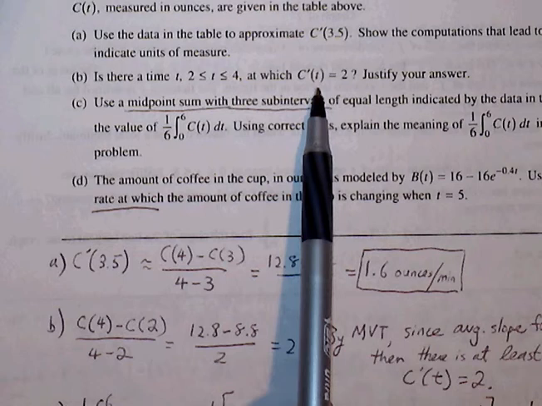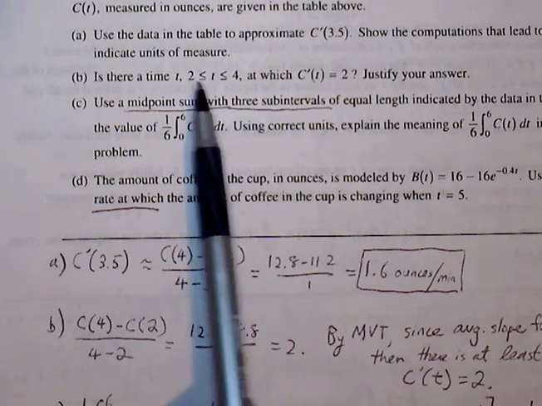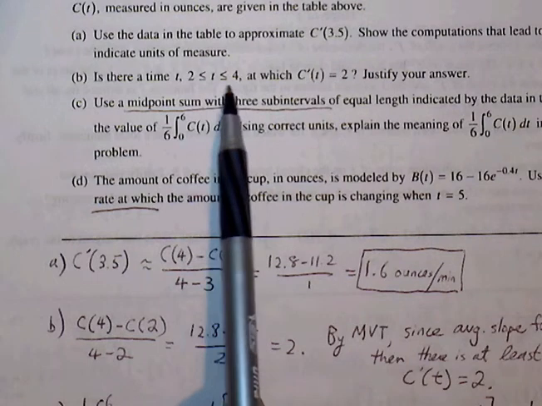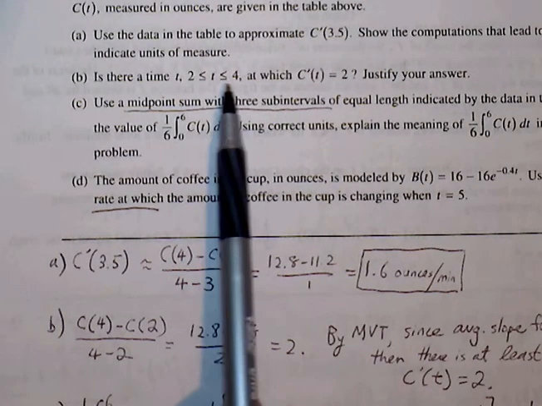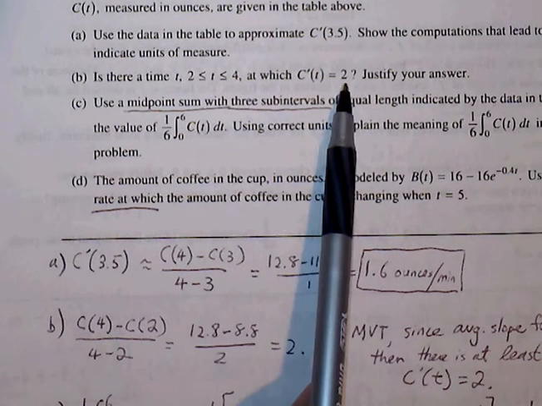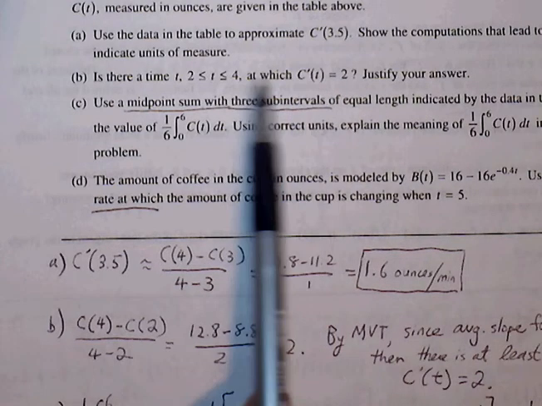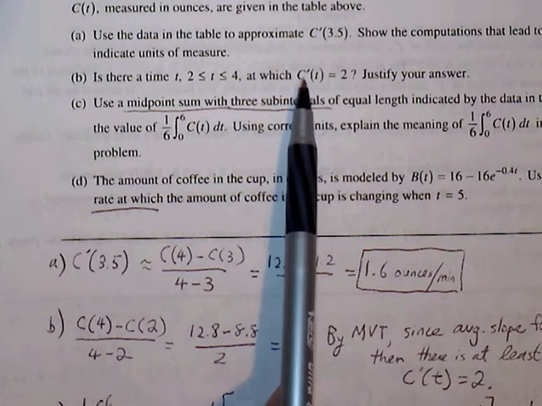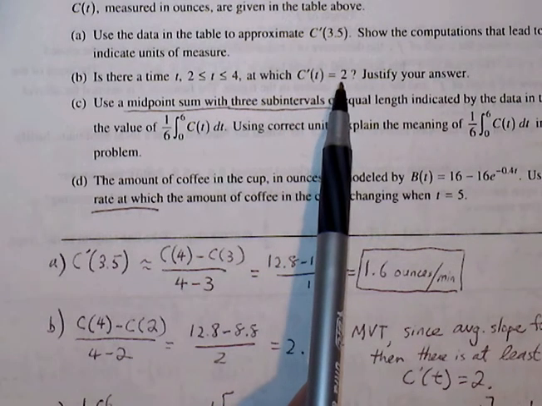Mean value theorem says that if we can find the average rate of change between t equals 2 and t equals 4, and if that's equal to 2, then we know that there's going to be an exact moment in time between 2 and 4 where my rate of change is also going to be the exact same value as the average slope.